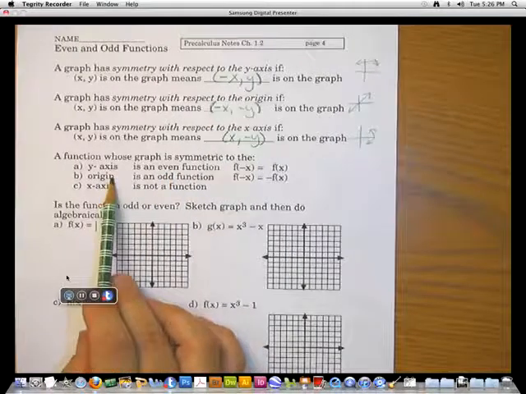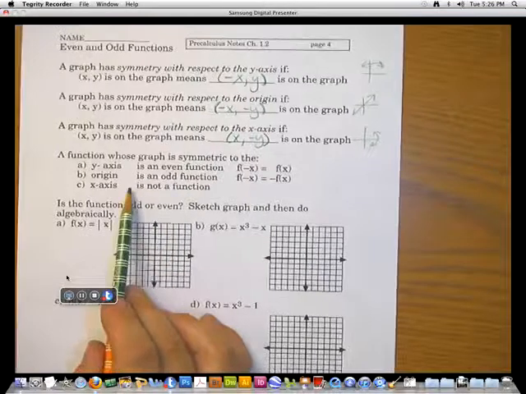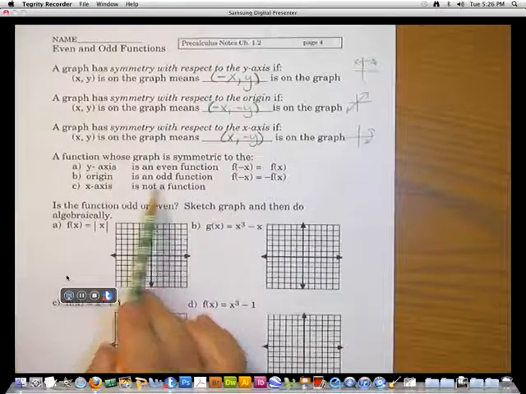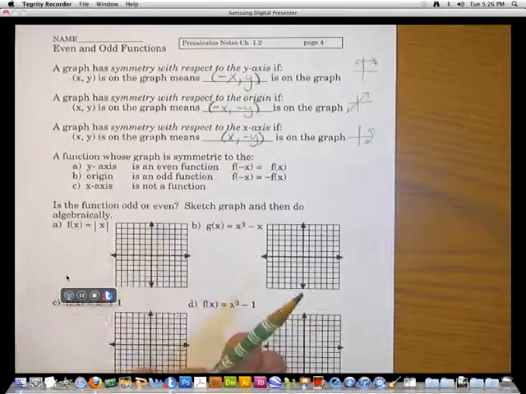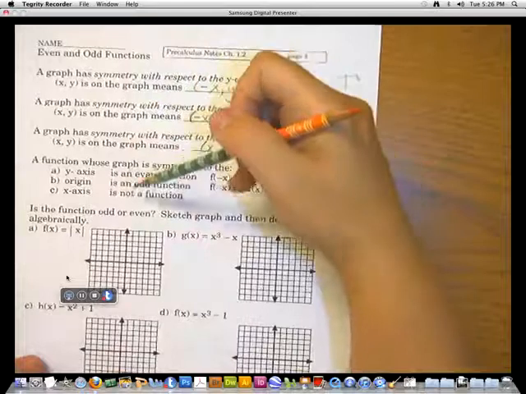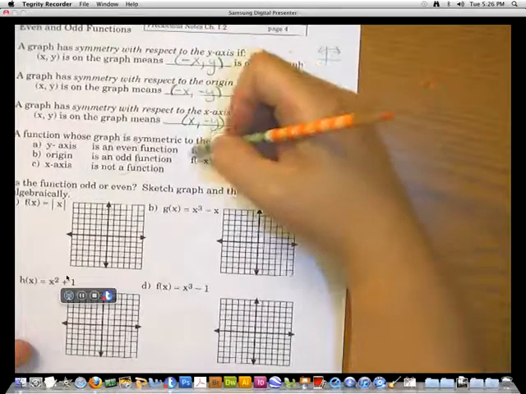If you're symmetric to the origin, you're an odd function. And if you are symmetric to the x-axis, you're not even or odd. You're neither. Now, that's just the wording, even, odd, or neither. Then we have the computation part.